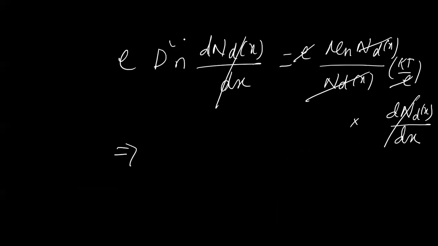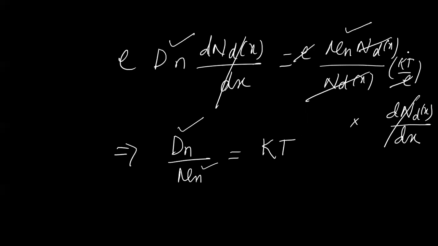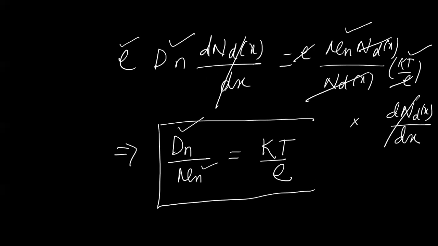Then we got D_n, the diffusion coefficient for electrons, and mu_n here. So D_n divided by mu_n, the diffusion coefficient of electrons over the mobility of electrons, is equal to kT by e. So you can now see that there is a relationship between the diffusion coefficient and the mobility of electrons. They are not actually independent of each other.